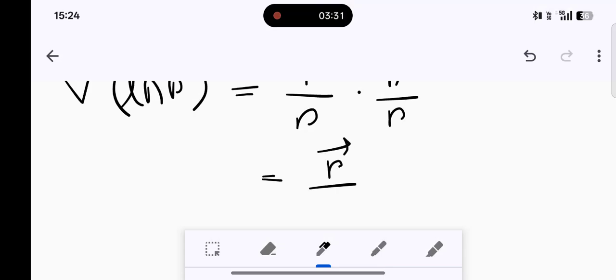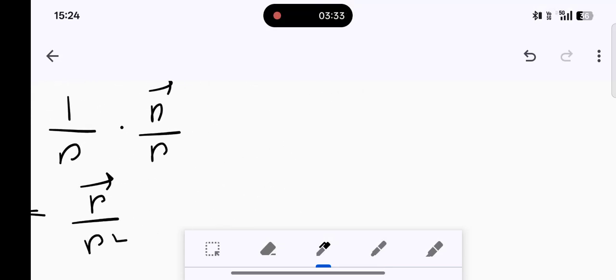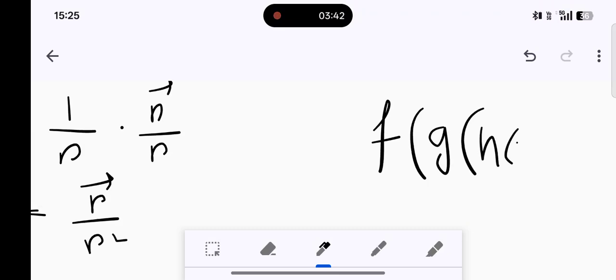Now basically what is happening here: let's say this is f of g of h of x.